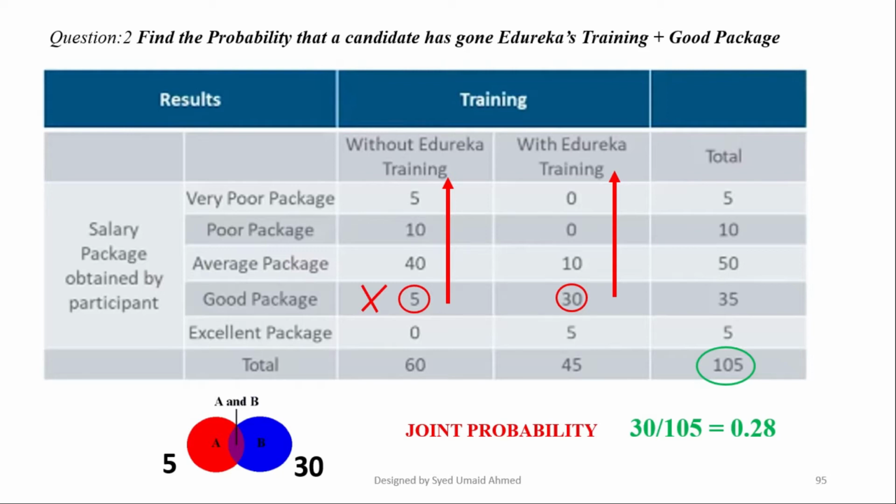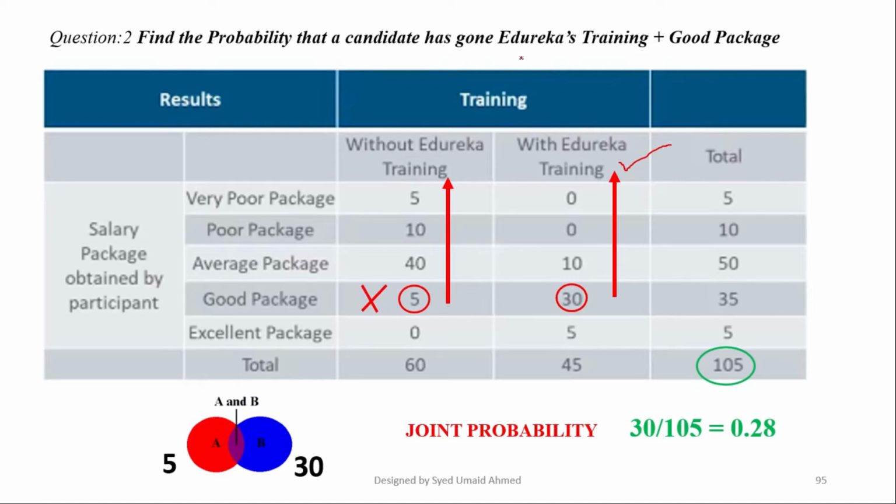The second is the joint probability. Why am I saying it is joint? Because we need to find the probability that a candidate has gone to Eureka's training, but plus he has a good package. So we will go to this column directly.